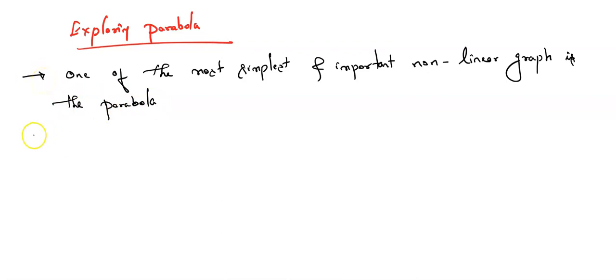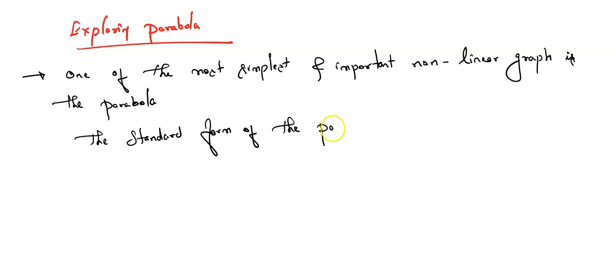Now, as you can see, the standard form of the parabolic curve or parabola is y equals x square.